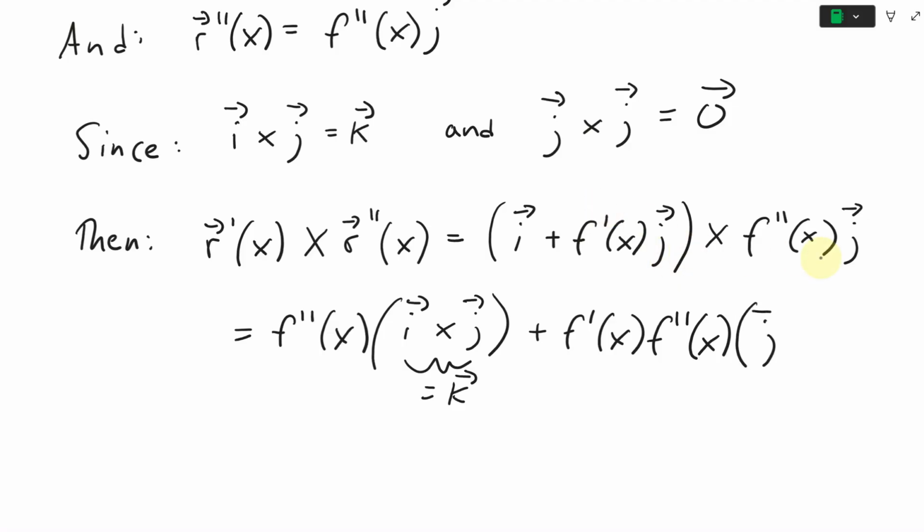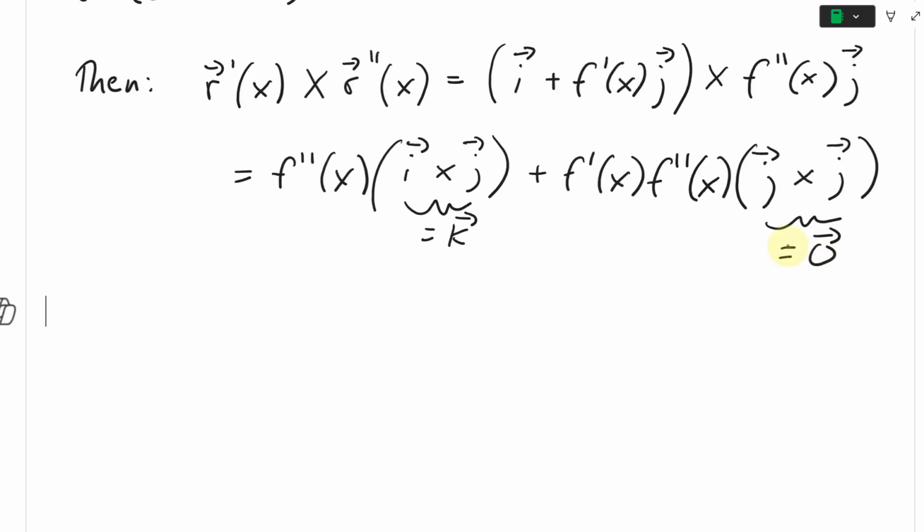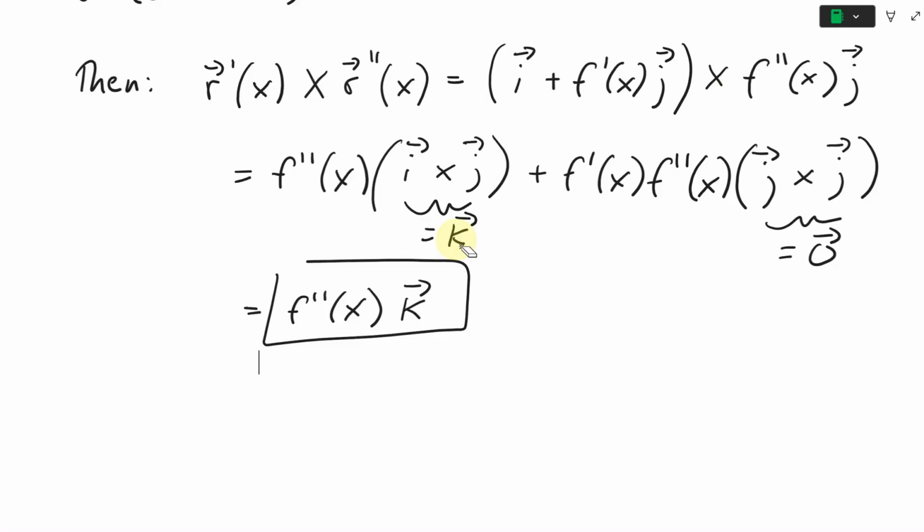A cross product of a vector with itself is just the 0 vector. So this equals the 0 vector. In other words, this whole thing vanishes. So all we're left with is this, and this equals f double prime of x k, like that.